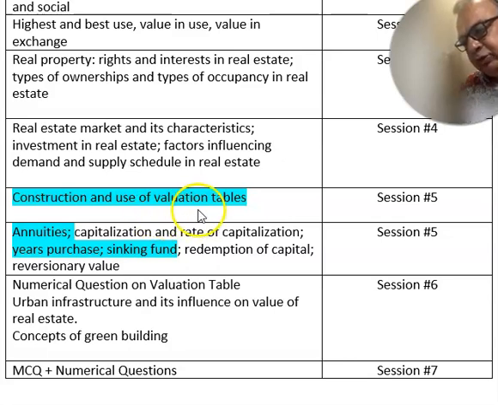So this topic name you can say key valuer formula. This formula is very important. All the three approaches, this formula is useful. And we will learn annuities, year purchase, and sinking fund.